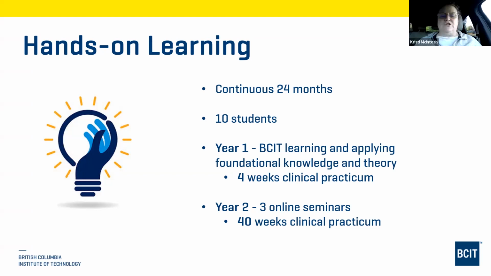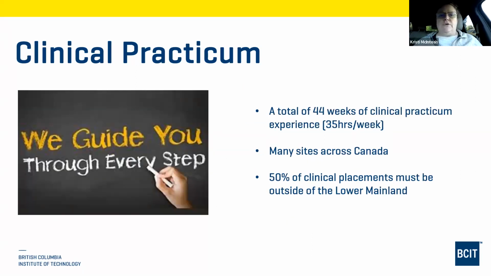And then at the very end, you can do a 4-week clinical practicum, trying to find somewhere that interests you more, perhaps somewhere you're interested in working in the future. So in total, BCIT gives you 44 weeks of clinical practicums. Each week is approximately 35 hours, so 5 days of 7-hour shifts.